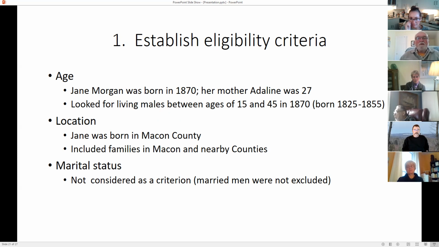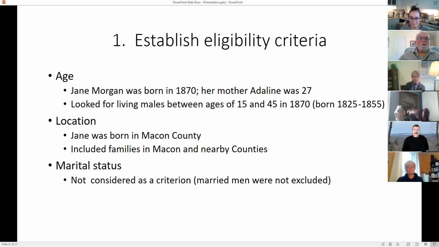Adeline, remember, was a young mother at the time that Jane was born. She was only 27. So I did eliminate some potential older men, but they seemed less likely to be involved.